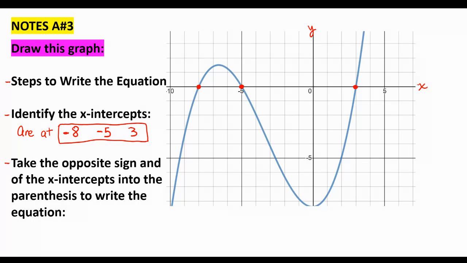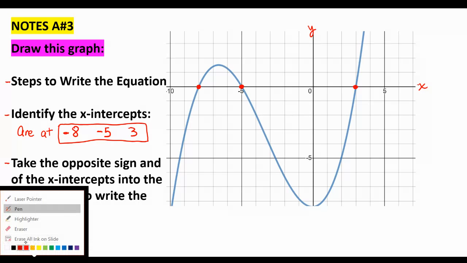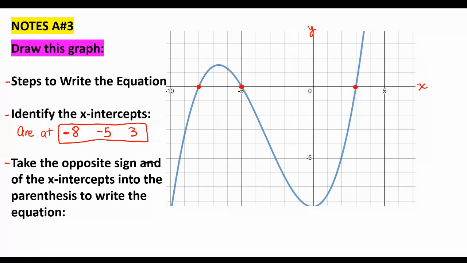Take the opposite sign of the x-intercept into the parentheses to write the equation. I had an extra word in there that didn't belong, a bit of a typo. So if you have to hit pause here to write those words down, do that, because that's what taking notes is. Hit pause and come back to the video.